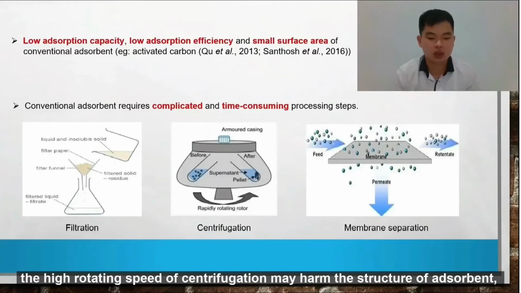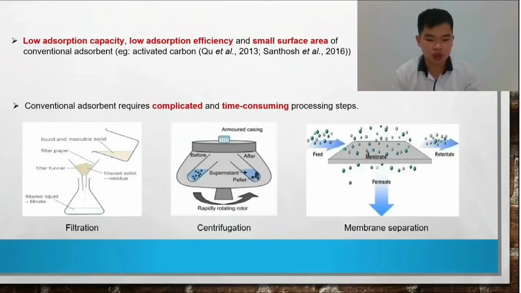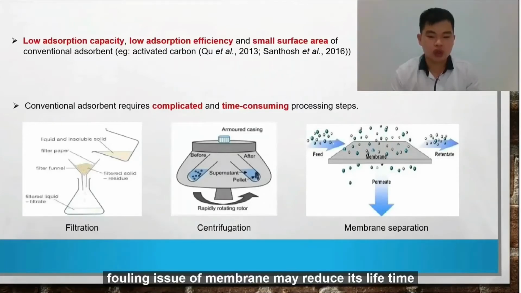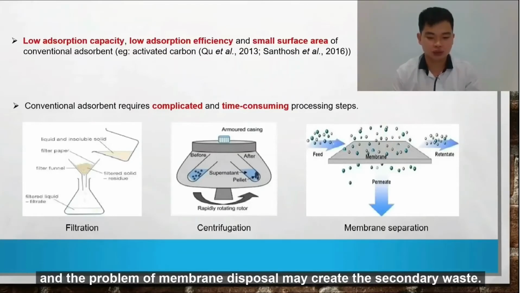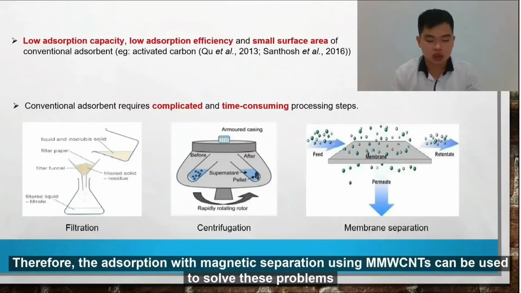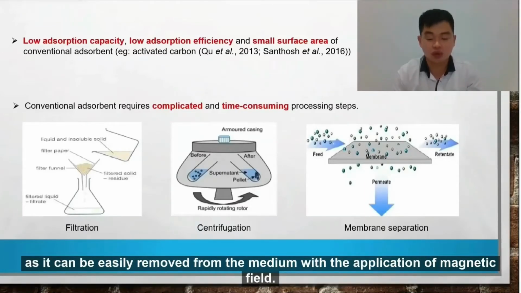The high rotating speed of centrifugation may harm the structure of the adsorbent. Fouling issues of the membrane may reduce its lifetime, and the problem of membrane disposal may create secondary waste. Therefore, the adsorption with magnetic separation using magnetic multi-wall carbon nanotube can be used to solve this problem, as it can be easily removed from the medium with the application of a magnetic field.